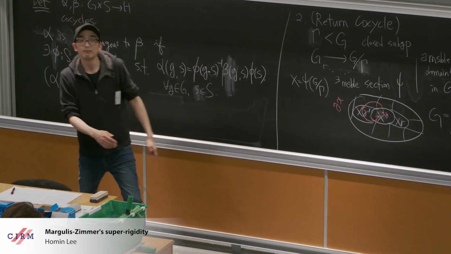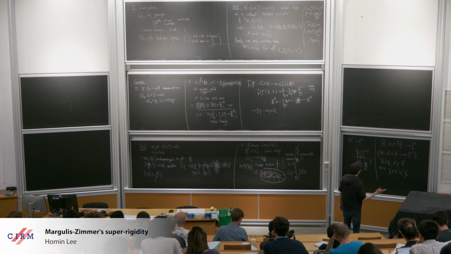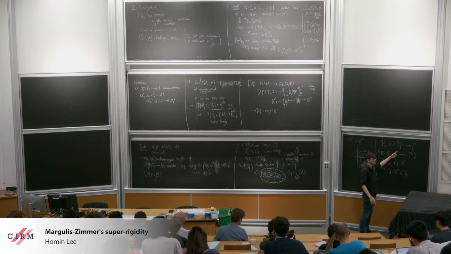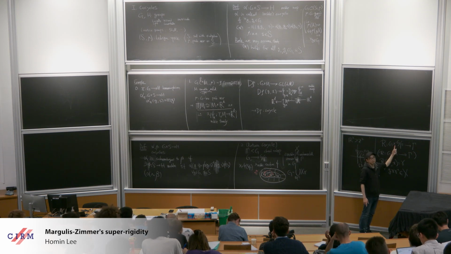What measure are taken on X? That's a good question. Let's just forget about the measure right now, because it is not really important right now. But if you are thinking about a simple Lie group, then for a closed subgroup, you can find a quasi-invariant, G quasi-invariant measure on G mod gamma.